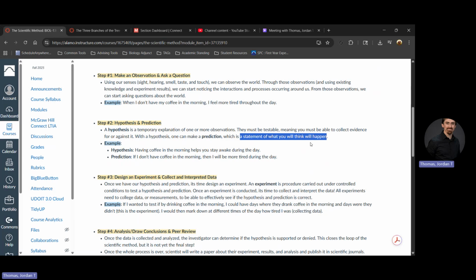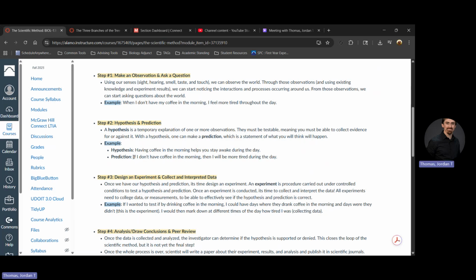So again, our observation was without my coffee, I feel more tired. My question could be, do I need coffee in the morning to feel awake? Our hypothesis then, remember our explanation, is having coffee in the morning helps you stay awake during the day.